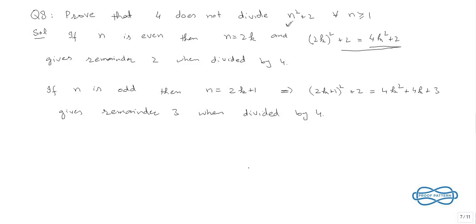As it is not giving remainder 0, it is also not divisible by 4, and this means we can safely say 4 does not divide n squared plus 2 for all n greater than or equal to 1, whether n is even or odd.